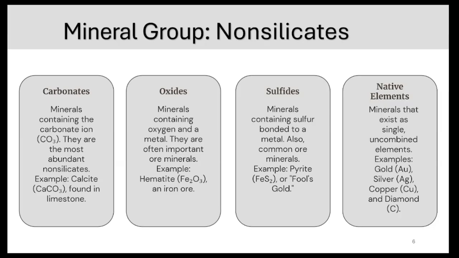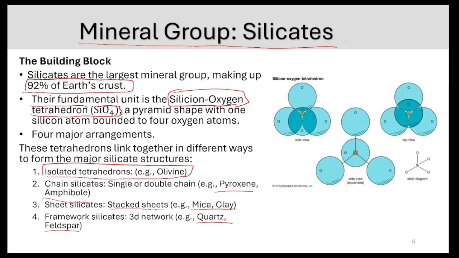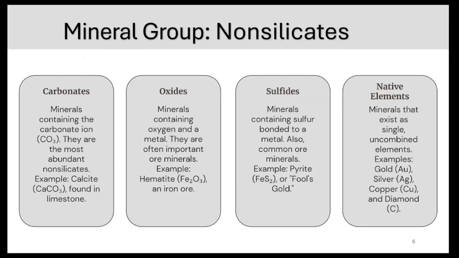And the remaining, as we said, around 92% of Earth's crust is made up of silicate, and the remaining around 8% of the crust are non-silicates, which are still incredibly important, especially if we are talking about industries and resources, where these non-silicates are very important resources.